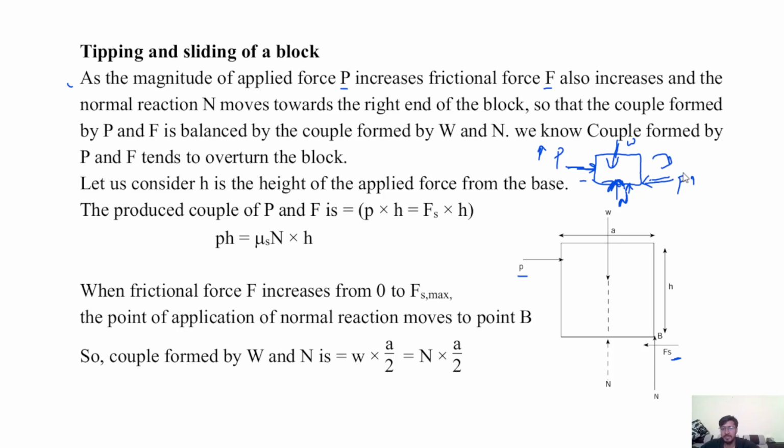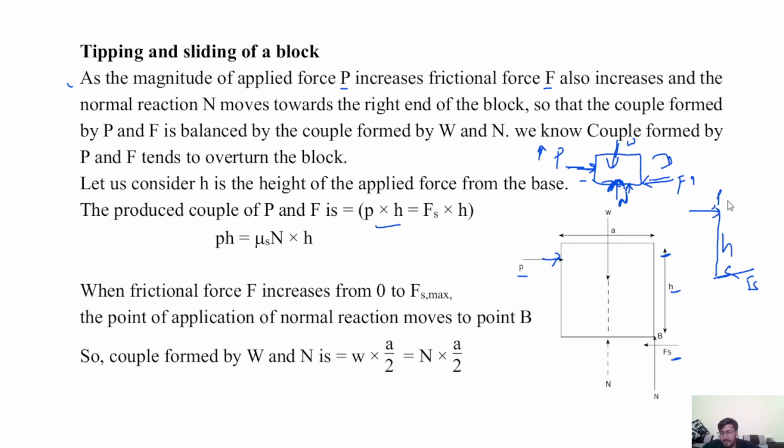So let us consider h is the height of the applied force from the base. The produced couple of P and F is P into h. This is the couple formed by P into h, which is also equal to Fs into h.